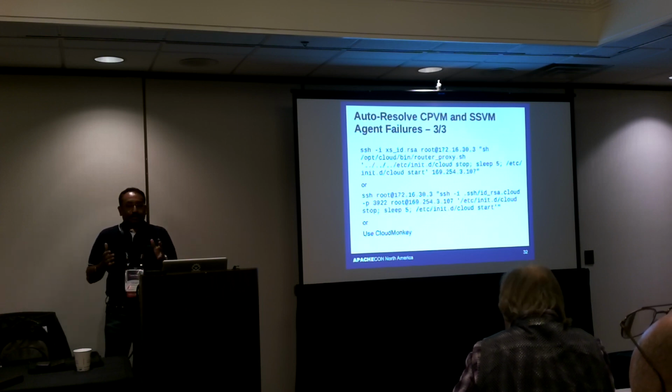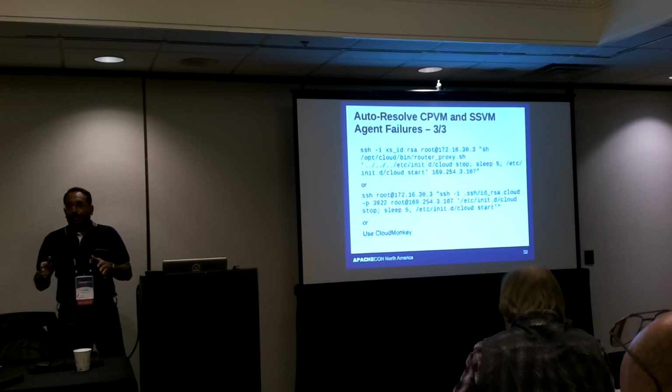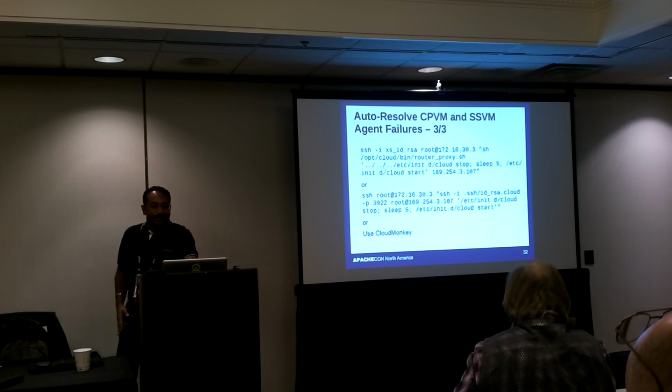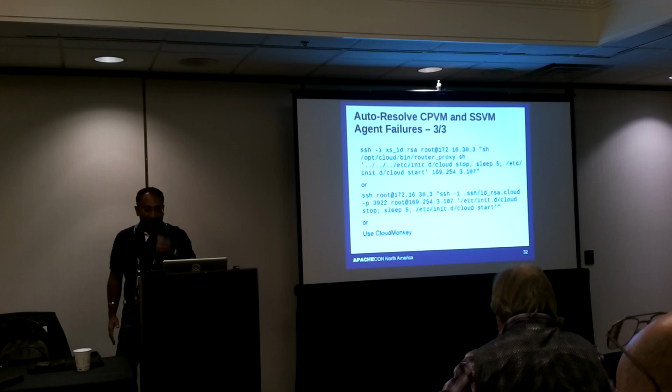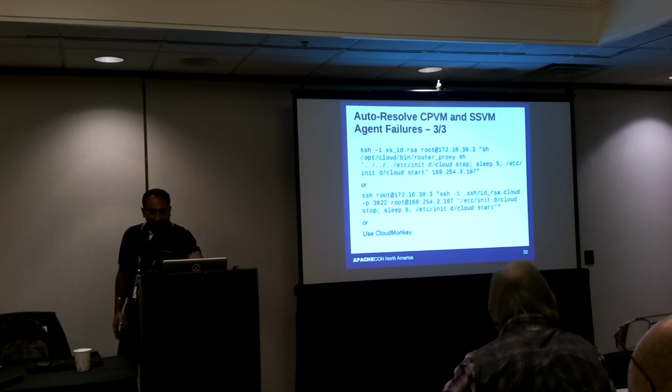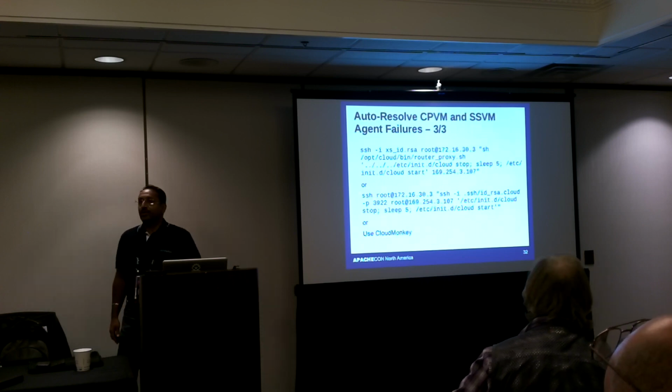While the command that you want to run needs to be under opt cloud bin, there is no validation there, so you can easily escape it, go back and run whatever command you want, and it can automatically restart the cloud services on SSVM. If you don't want to do that, you can use the default keys that are there in the underlying hypervisor, or you can use CloudMonkey.